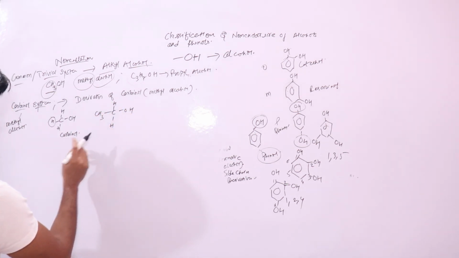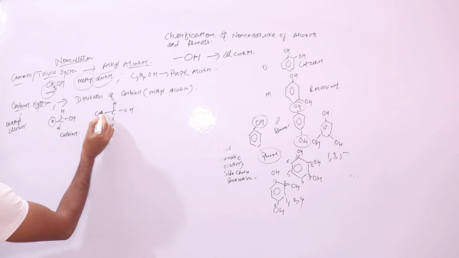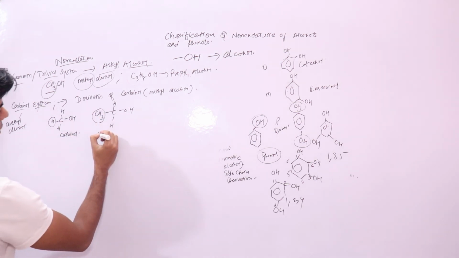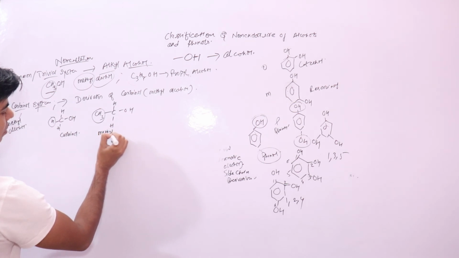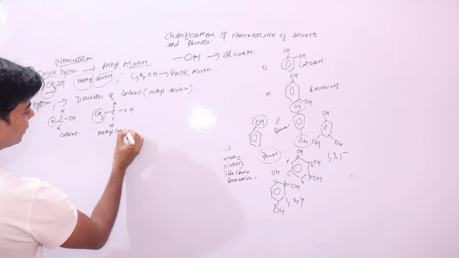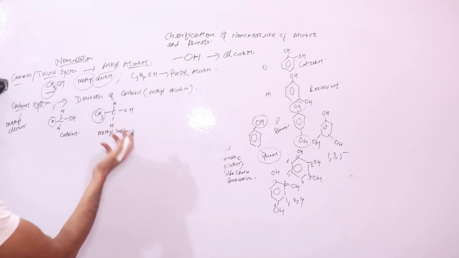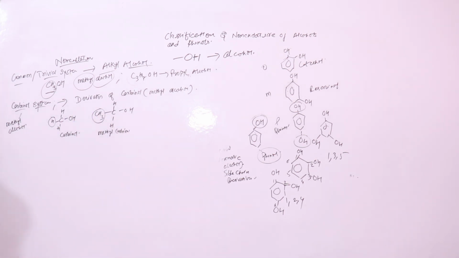This is a derivative of carbinol, so we call it methyl carbinol. If I replace this with ethyl, it would be ethyl carbinol. This system is not much used. This is an old system and now it is replaced by the IUPAC system. Mostly the IUPAC or the common system is used. This one is less used.